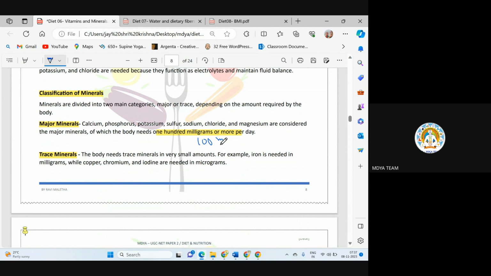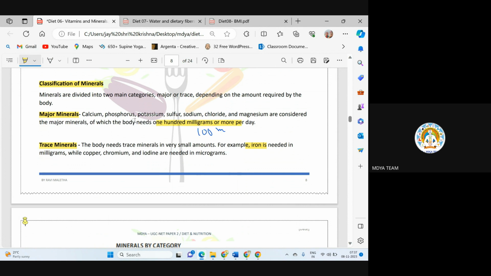Trace minerals are those minerals which are not required in that much amount, which are required in very small amount, that is less than 100 milligrams per day. So trace minerals are required in very small amount, and major minerals are required in a higher amount, that is 100 milligrams or more per day.